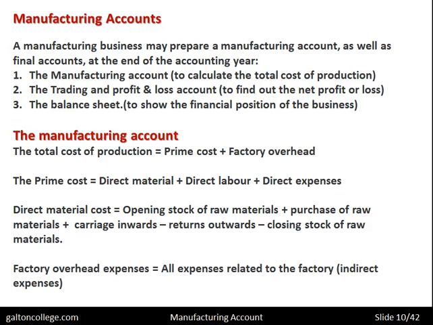The factory overhead expense, well, these are all of the expenses related to the factory. So the factory overhead expenses are the costs of various departments, the cost of maintenance of the premises, the cost of maintenance perhaps of the machines.